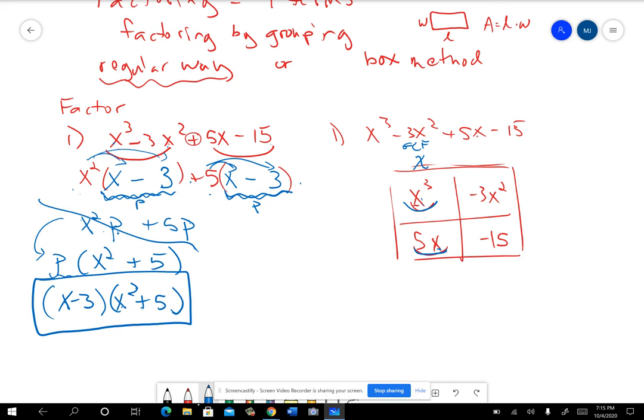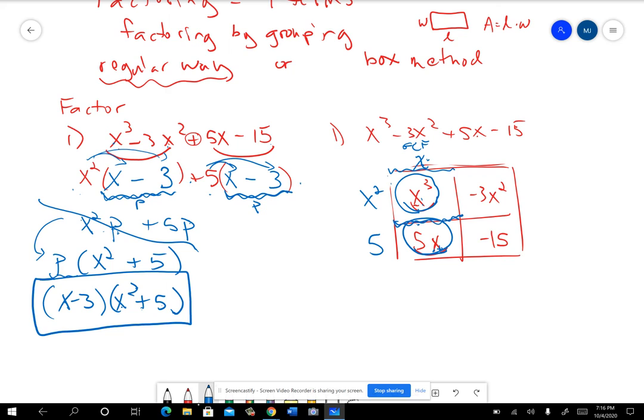But if you get that right, the rest of this is just a little puzzle based on area being length times width. So if this is the area, and you already have x here, then this needs to be x squared. And then think about a rectangle. If this is x, then this is also x. And so if the area is 5x, and you already have x coming from above, then this needs to be 5.